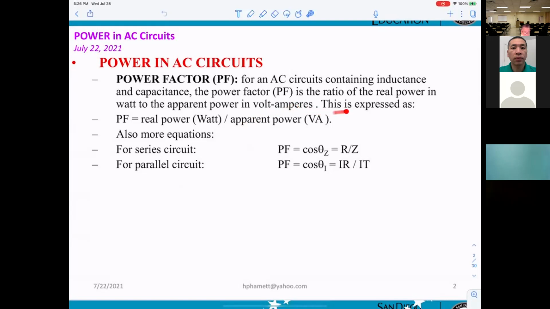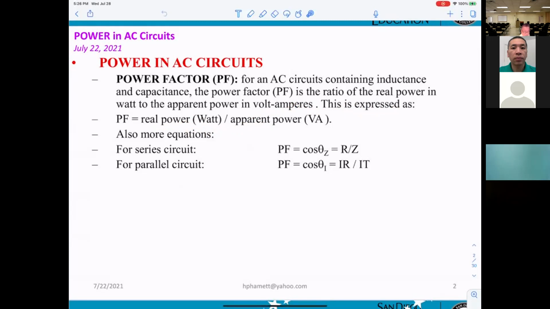This is expressed as PF, the power factor, equals the ratio between the real power, that means the power in the resistor, divided by the apparent power, VA.